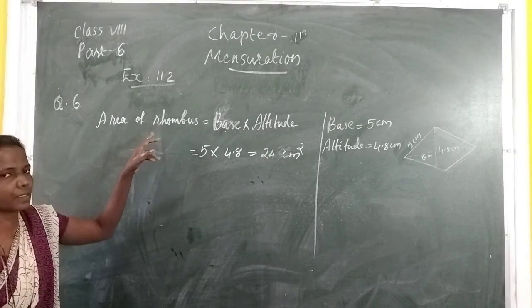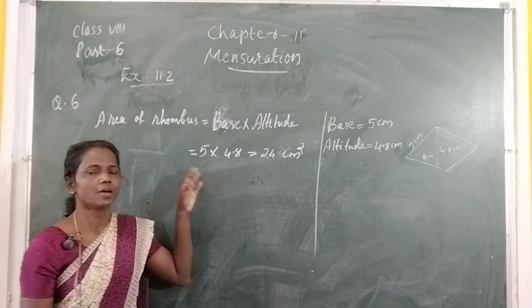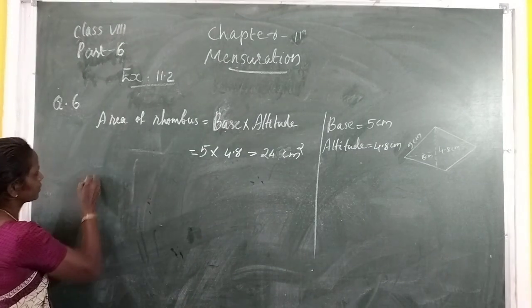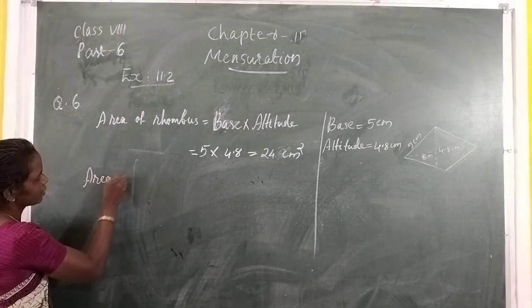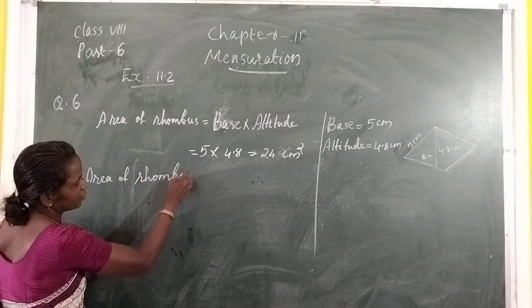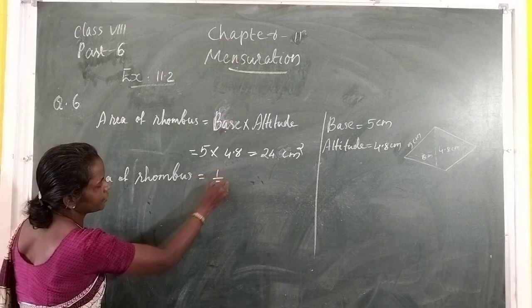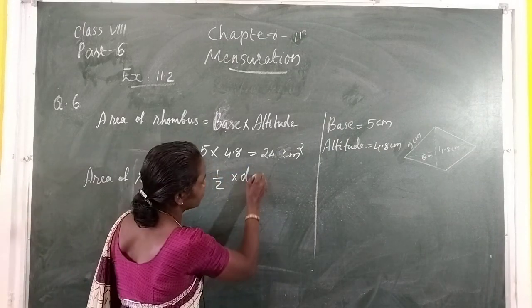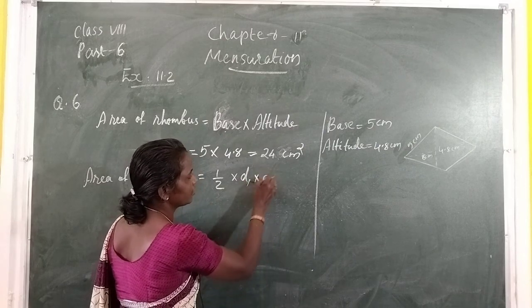Or if the diagonals are given, how to find out the area of the rhombus? Area of rhombus is equal to half into the product of diagonals, that means d1 into d2.